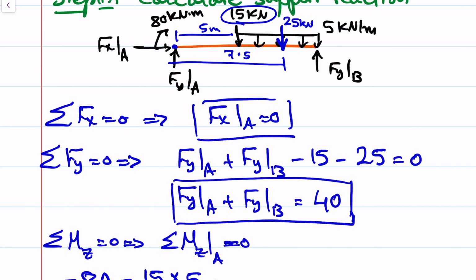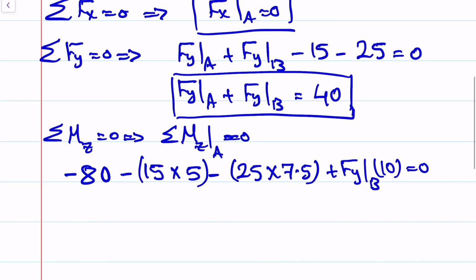And then we have negative the 25, the concentrated load equivalent to the distributed load, 25 times 7.5, okay, and we have positive Fy B times 10. This should be equal to 0.